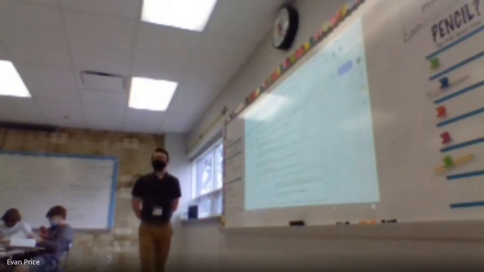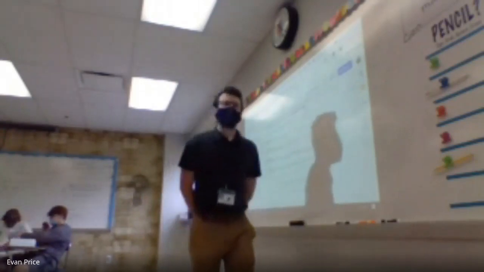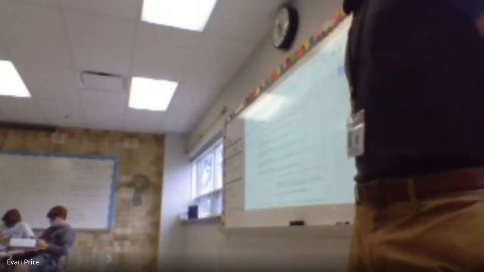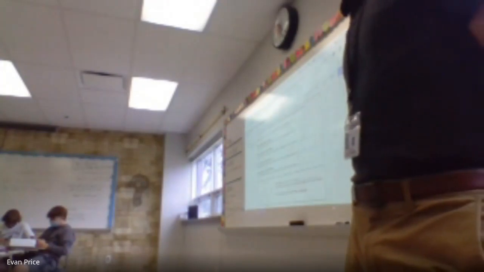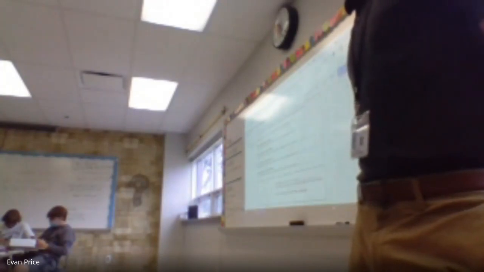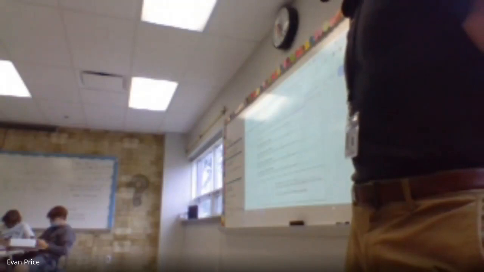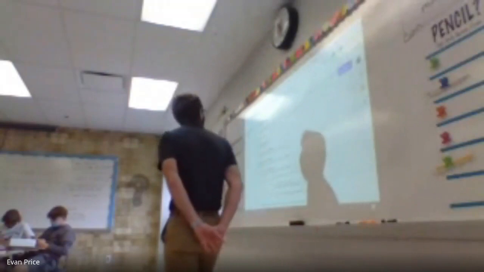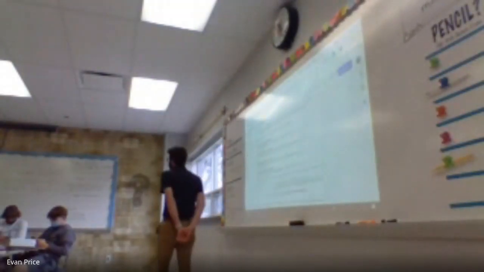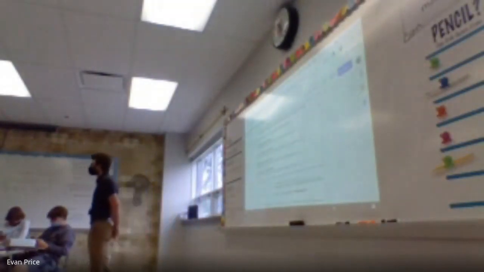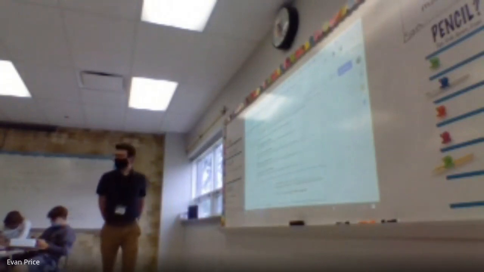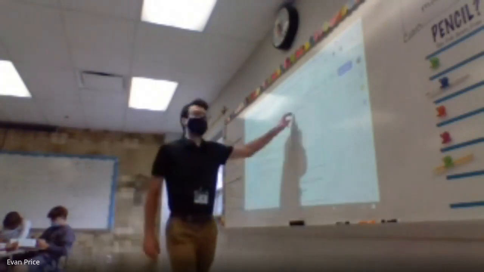Once everybody's there, give me your eyes up on the board, and I can start explaining. So you should be on the back of the next page, and you should have typed in that URL.